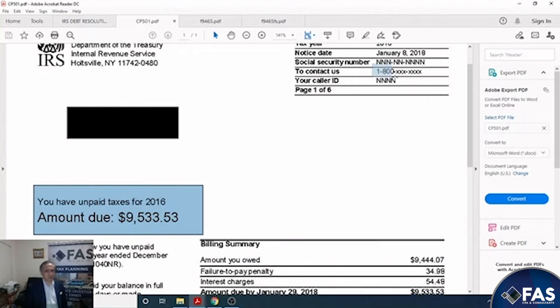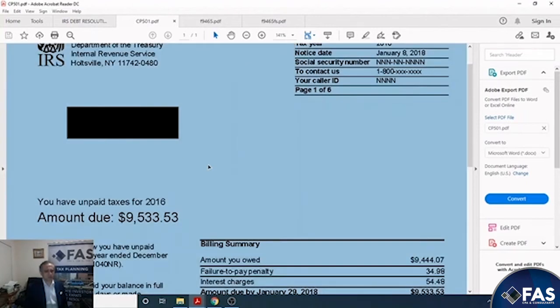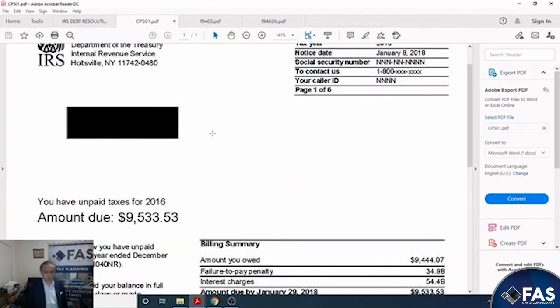Many times, or all the times, there is a number here that you can call the IRS. In the webinar that we produced before on IRS letters, we provided the step by step detail of what to do when you receive a letter from the IRS and how to request the information.